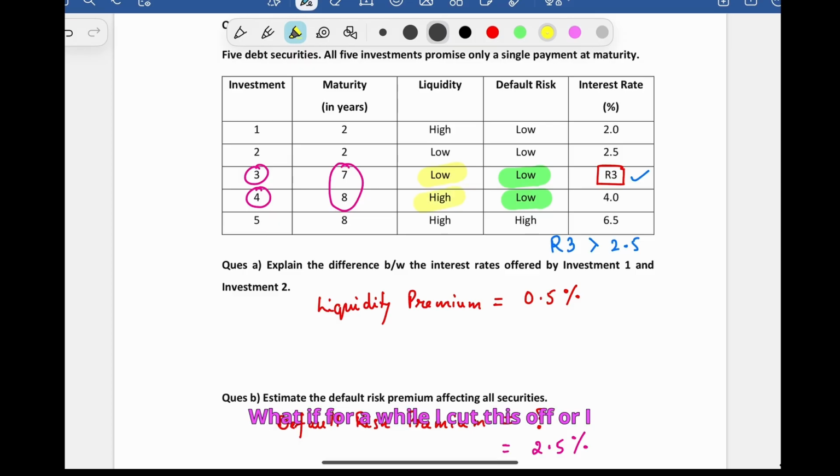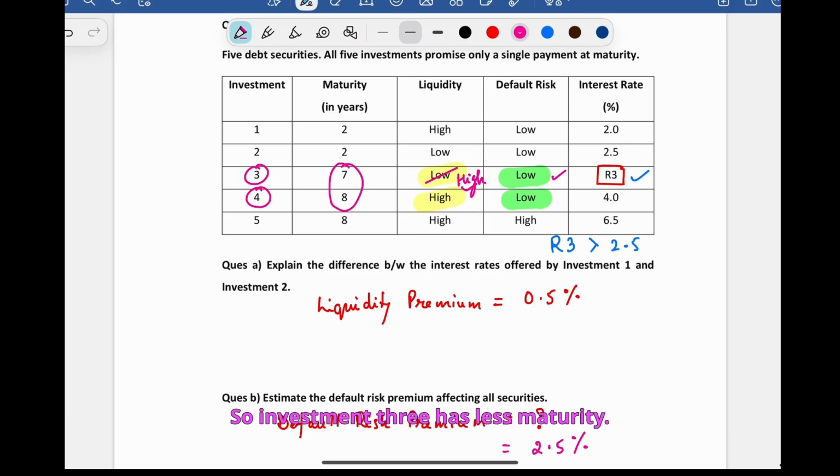What if, for a while, I cut this off, or I make an assumption that this liquidity is high, alright, for investment 3. Then default risk is the same, liquidity is the same, right? The only difference is maturity.